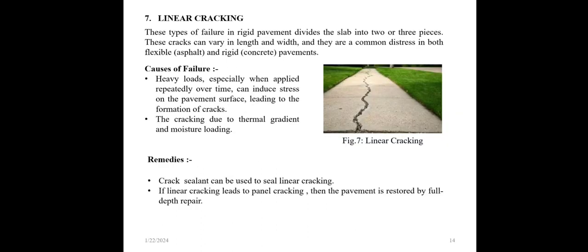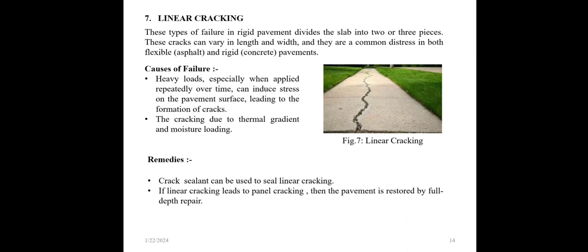Linear cracking. This type of failure in rigid pavements divides the slab into two or three pieces. These cracks can vary in length and width, and they are commonly observed in both flexible and rigid pavements. Causes of failure: heavy load, especially when applied repeatedly over time, can induce stress on the pavement surface, leading to the formation of cracks.